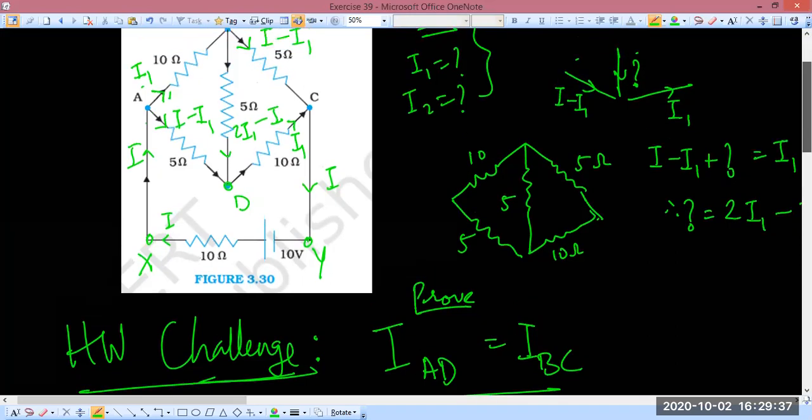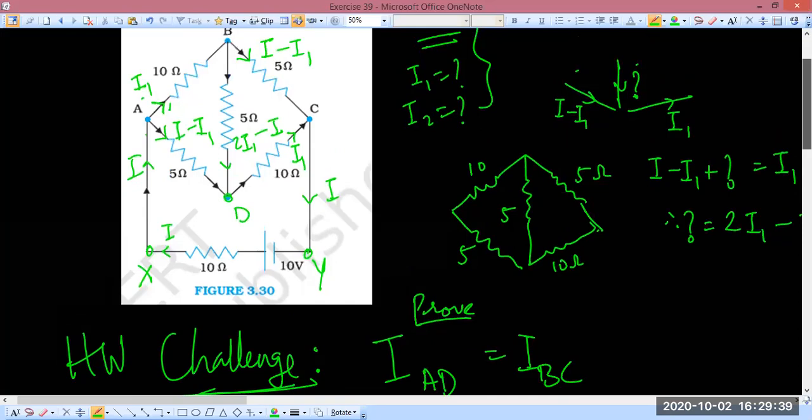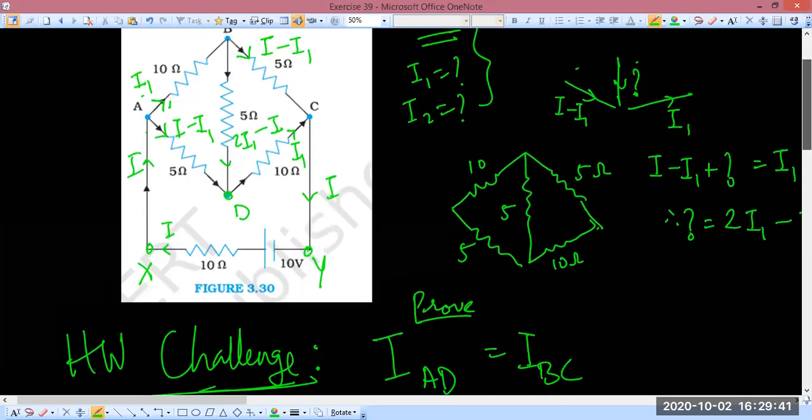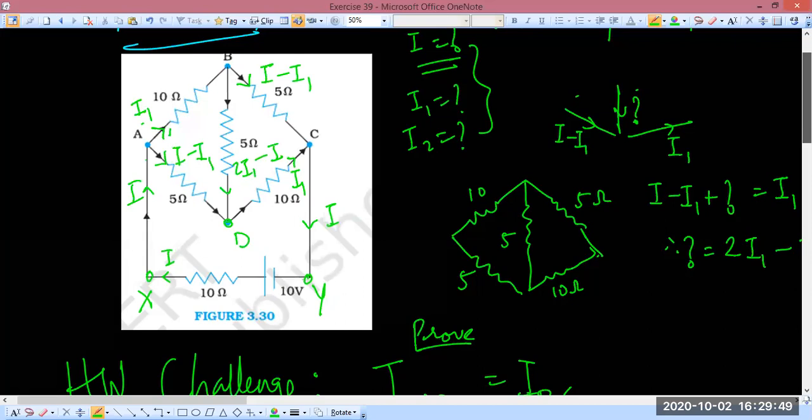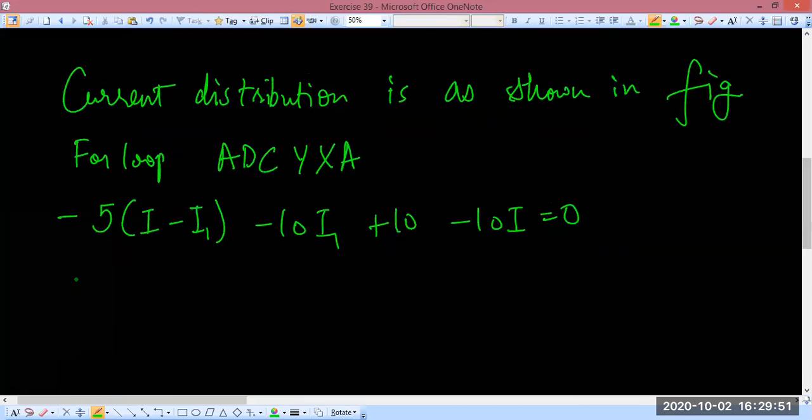Okay, so now let's take another loop. This time we'll take a smaller loop. Now we will take loop A B D A. Right.